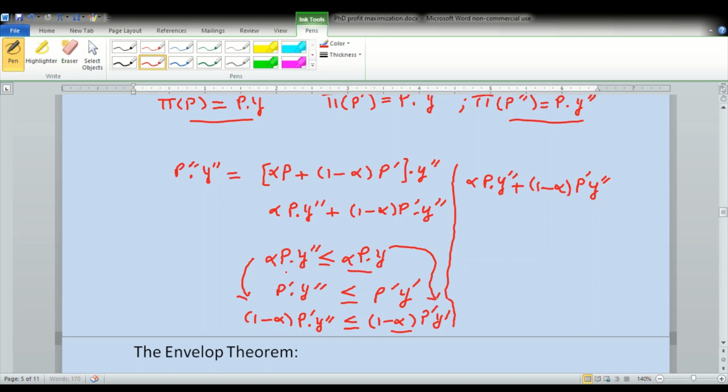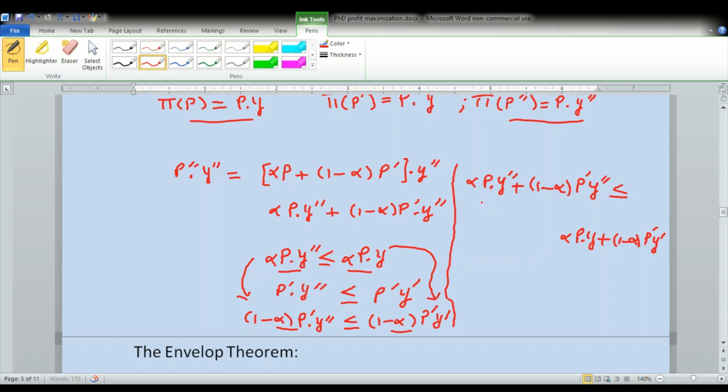These left hand sides are less than or equal to the right hand side. Let me write down the right hand side now: alpha p dot y plus 1 minus alpha p dash y dash.